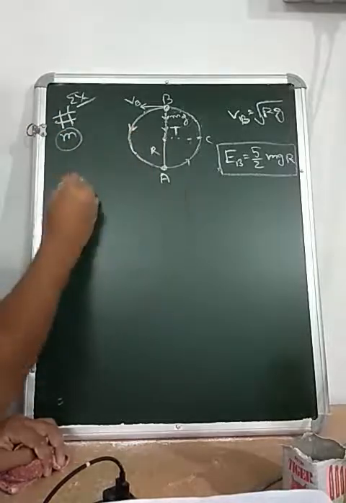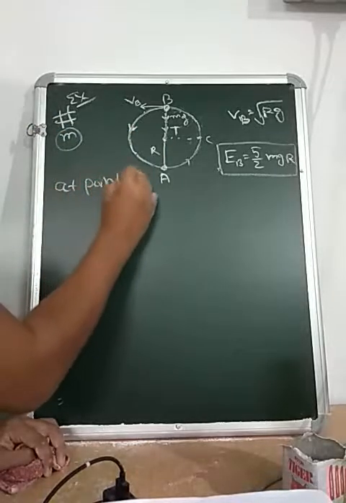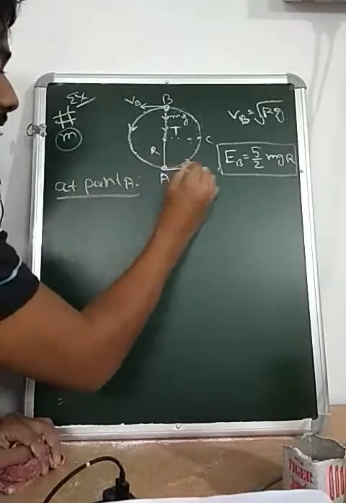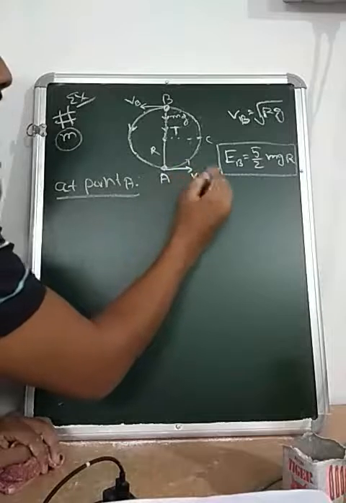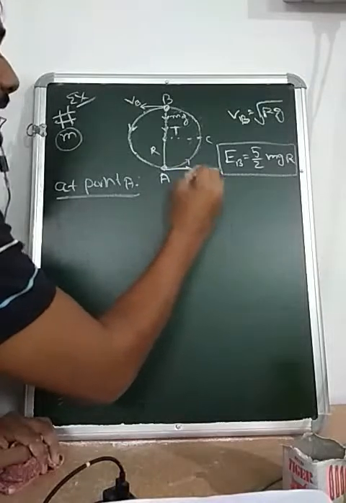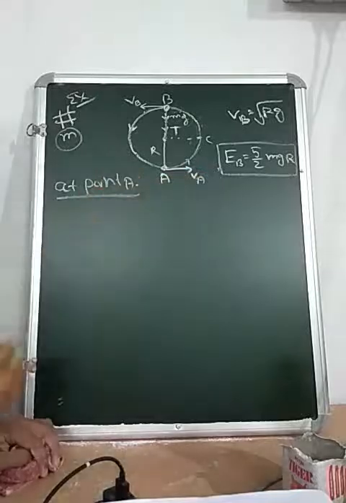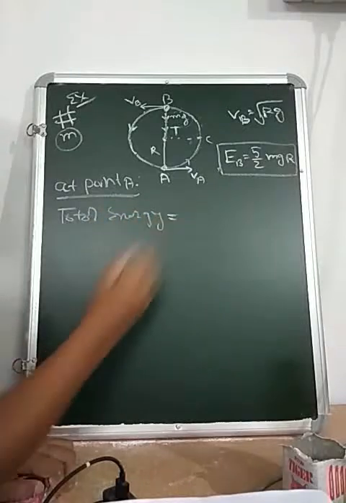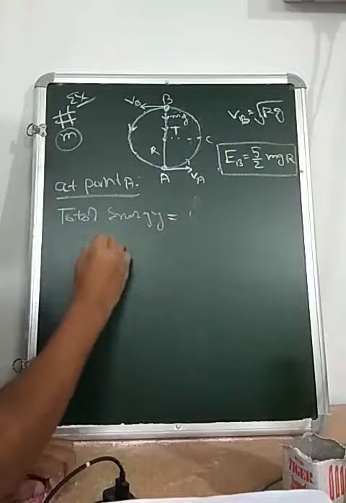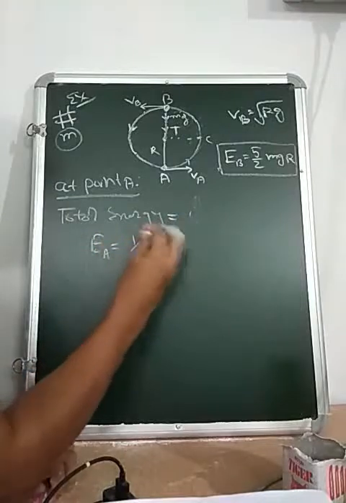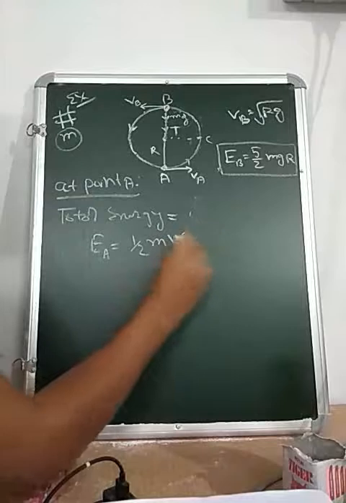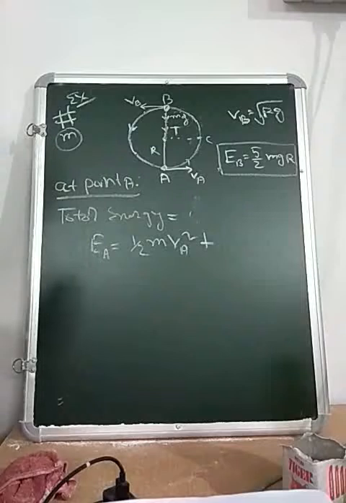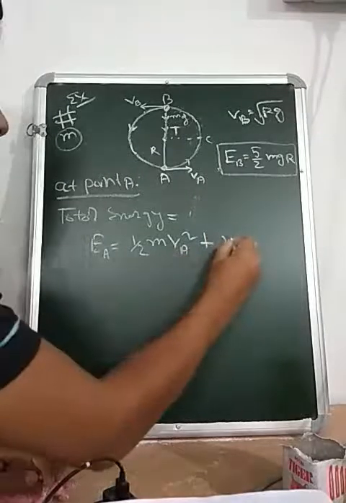So now at point A, suppose the velocity of the body at point A is VA. At point A, total energy EA is equal to half m VA square plus mgh.